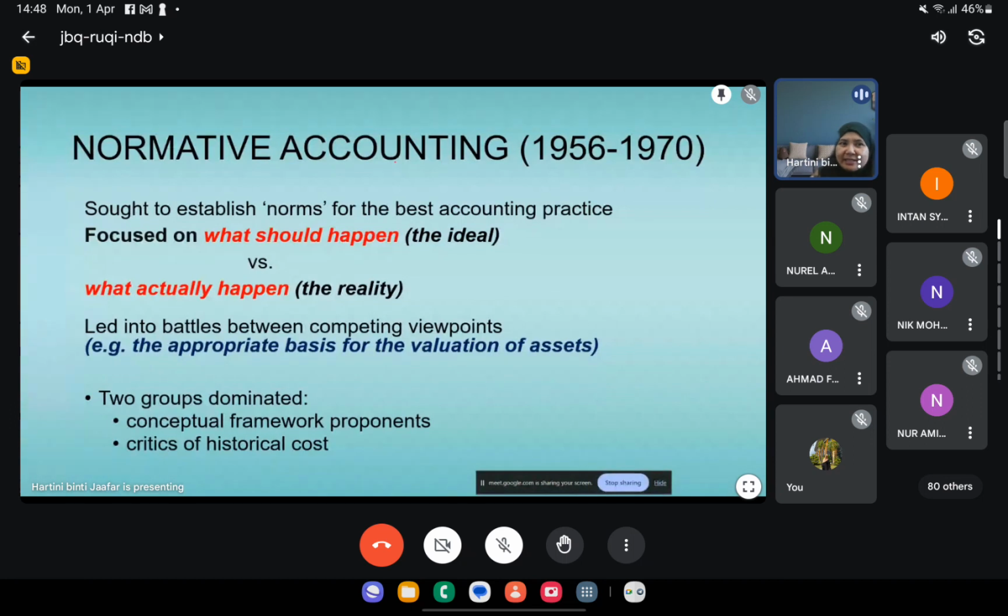They want to establish what are the good principles, the do's and the don'ts in accounting practice. So they start to establish norms, and because of that this is known as normative accounting period or normative accounting. They establish the norms for the best practices.